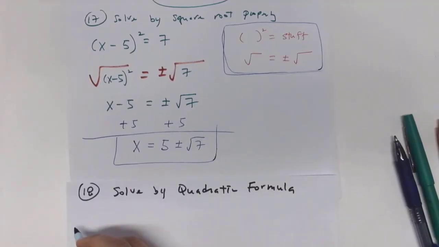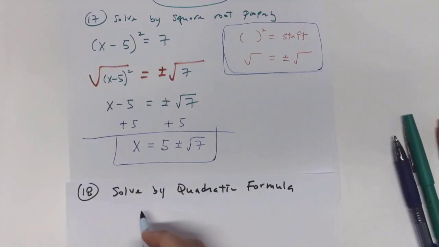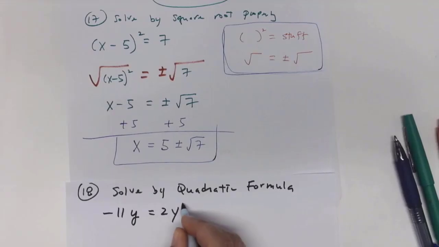And the question that I have is negative 11y equal to 2y squared plus 6.